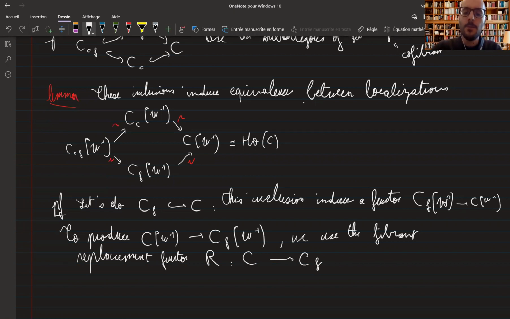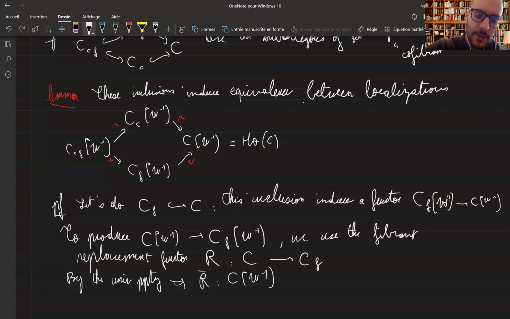Okay, so by the universal property of localizations, R induces, let's call it R bar, between the localization of C and the localization of CF.